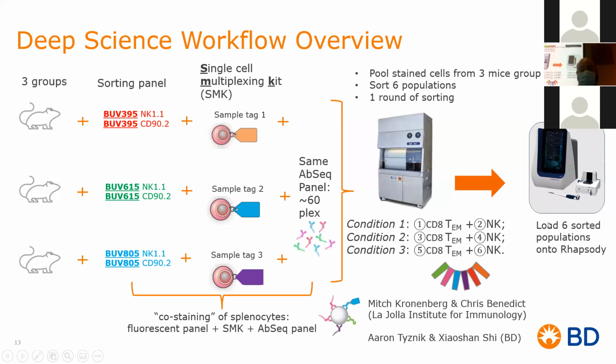We loaded the 6 populations that were sorted, CD8s and NKs, into the Rhapsody. So we're able to do 6 different populations under 3 conditions with 60 antibodies and 3 tags, right? So this is a very complex experiment, but why was this complex? To be able to reduce cost significantly.